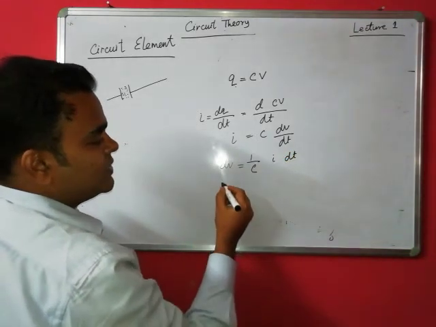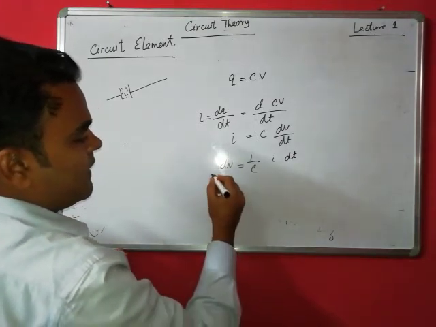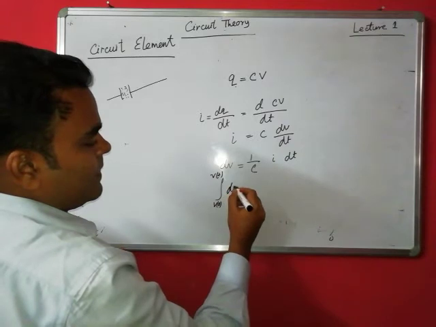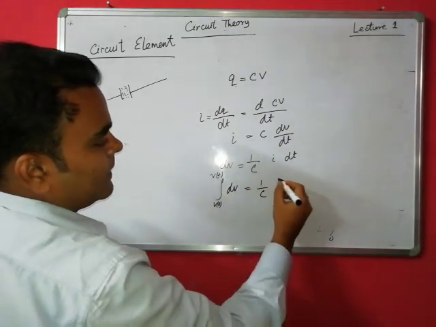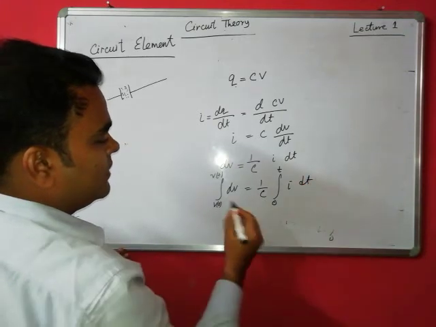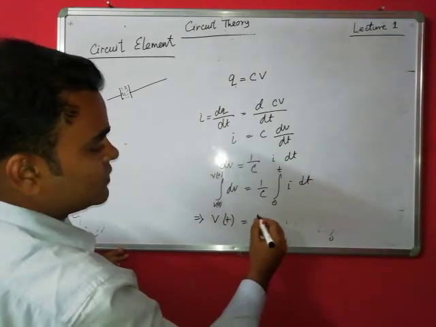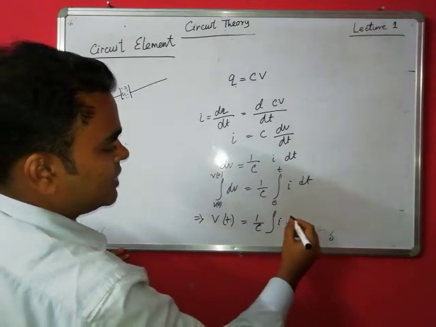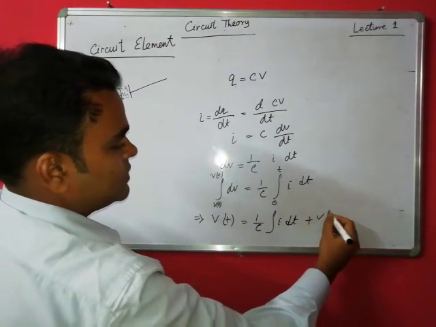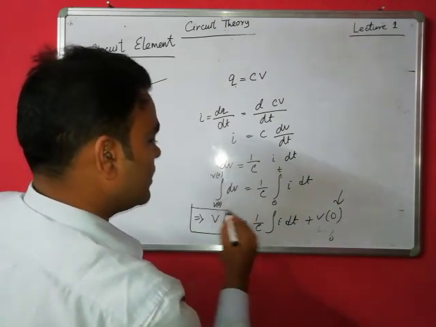So again, if we integrate it over a time period from 0 to t, we'll get the equation. I'm writing it straight away. So V equals 1 by C integration of I dt plus V0. So this is the initial voltage, we have to take care of it.